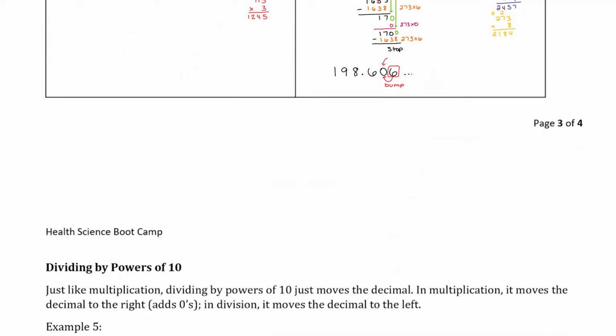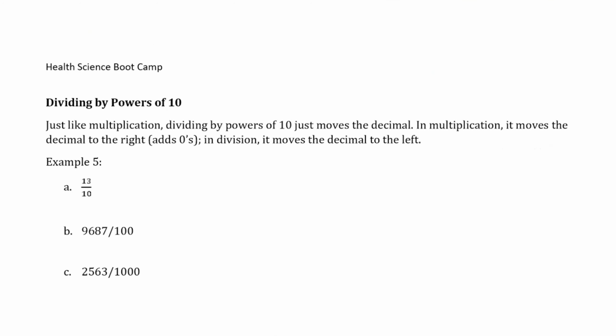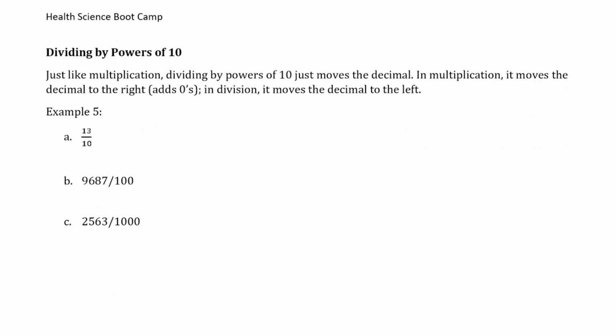So now the last concept is about dividing by powers of 10. So in multiplication, we moved the decimal to the right. In division, we move the decimal to the left. Okay, so 13 divided by 10.